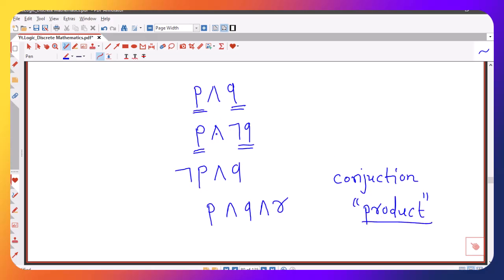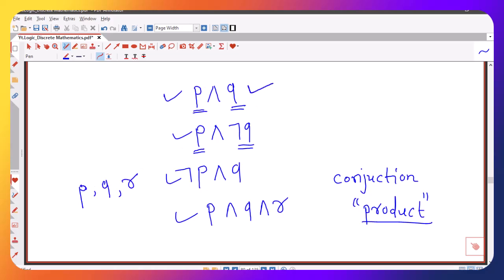So here we have written products of some variables, and you can see in all these conjunctions or products we are using either variables or their negations.